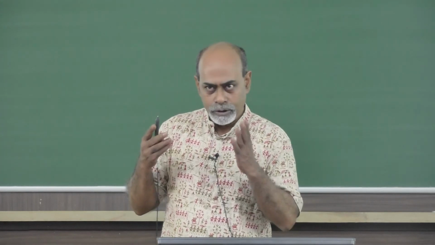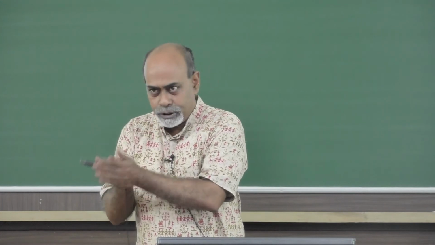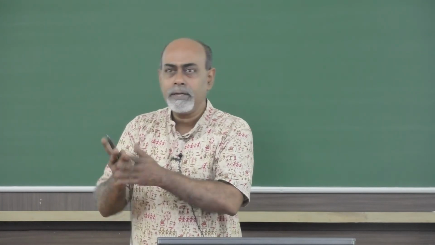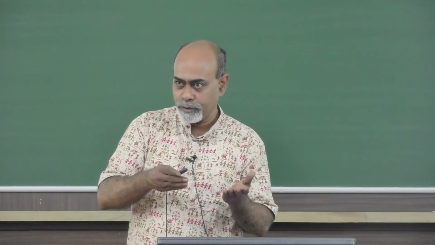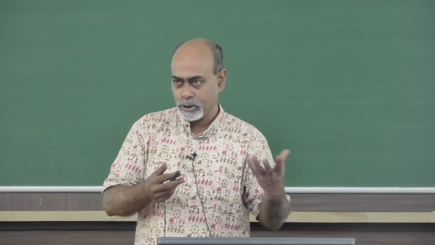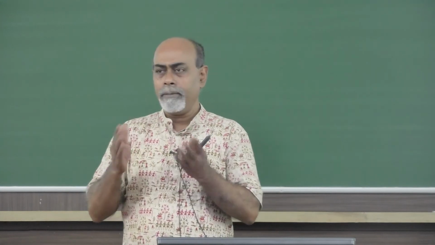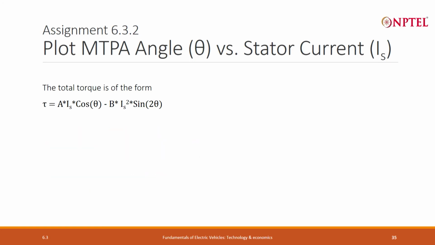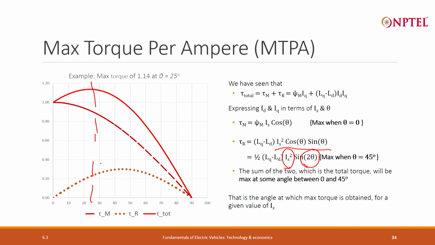So, we have a methodology where we measure the current, and based on the current we change the angle in the software, so that we get maximum torque. This is called MTPA, what we saw in the previous slide, maximum torque per ampere. Fine.